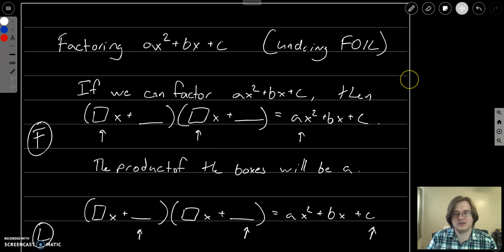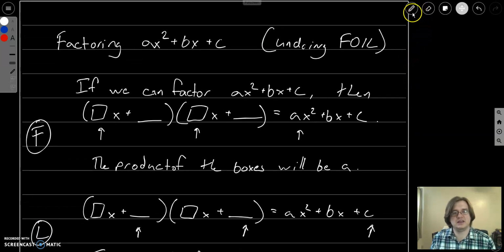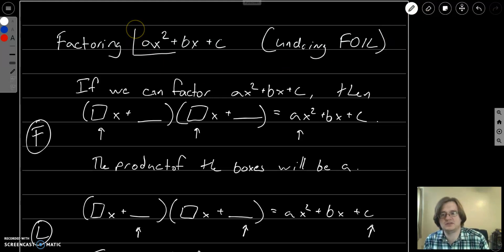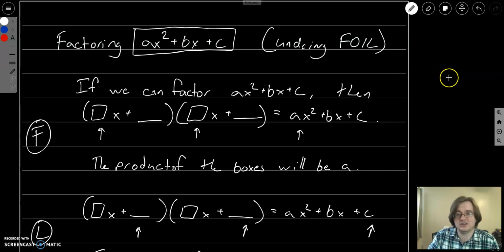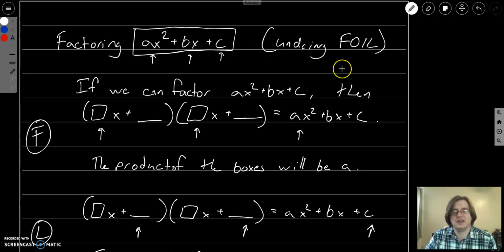So the last thing that we'll look at in this video is specific polynomials that look like this. This is a trinomial. It has 3 terms, and the terms are going to be a constant term, what's called a linear term, meaning it only has one copy of x, and then the quadratic term, which means that it has an x squared. So it's going to be a times x squared plus b times x plus c.